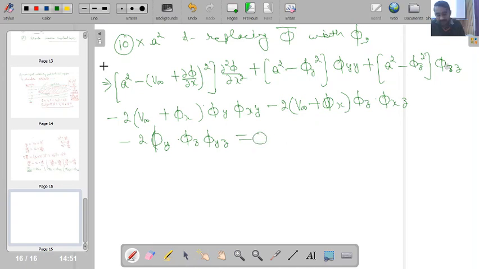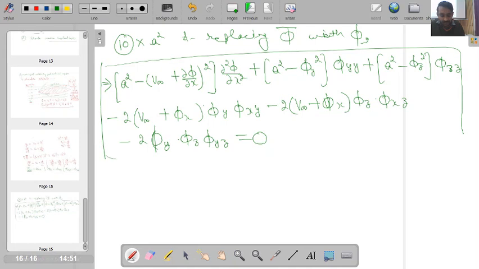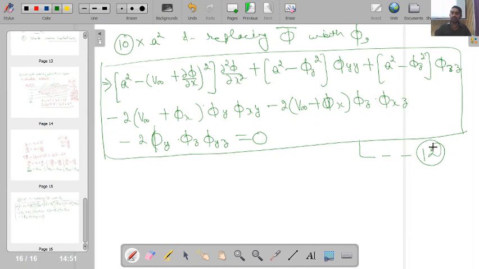So this is the entire equation number 10, but this equation is now purely in the form of phi, where phi is nothing but the perturbed component, because V infinity we already know.